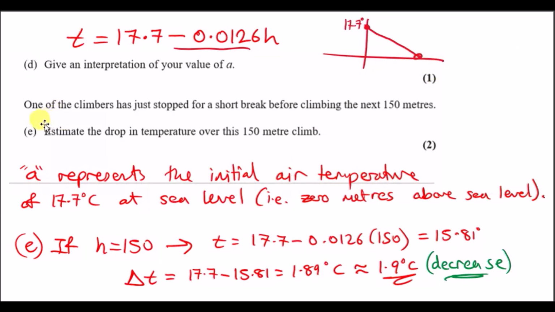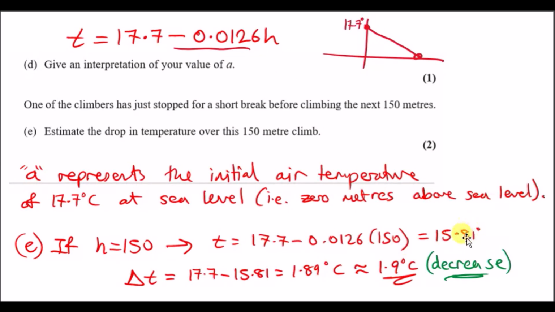Now E. One of the climbers has just stopped for a short break before climbing the next 150 meters. Estimate the drop in temperature over this 150 meter climb. So this wants you to find the change in temperature. All you literally do is firstly put the value of 150 into the calculator and see what that gives you. So T equals 17.7 minus that gradient times H, and you should get 15.81.